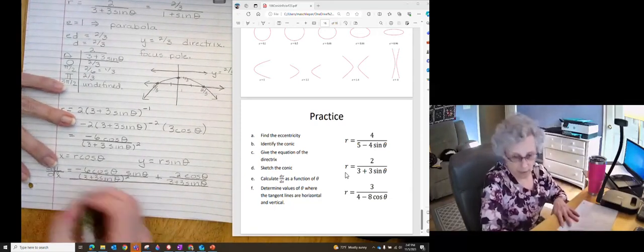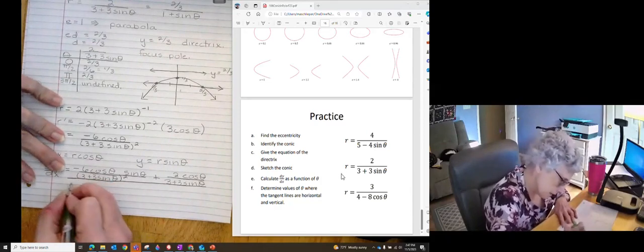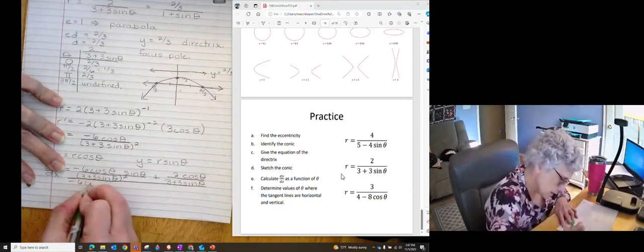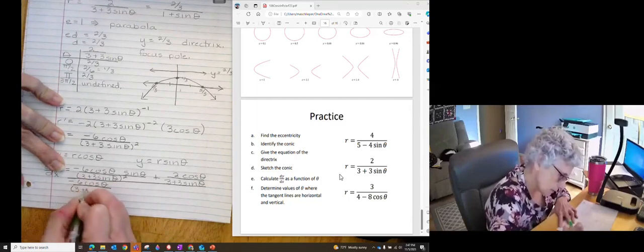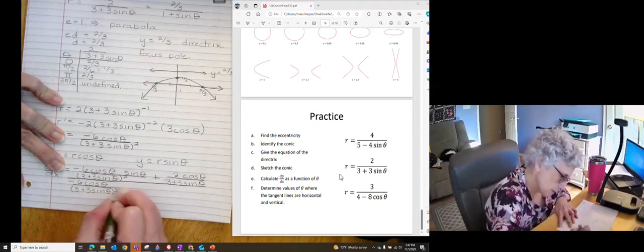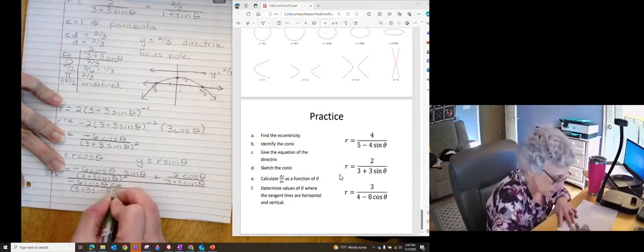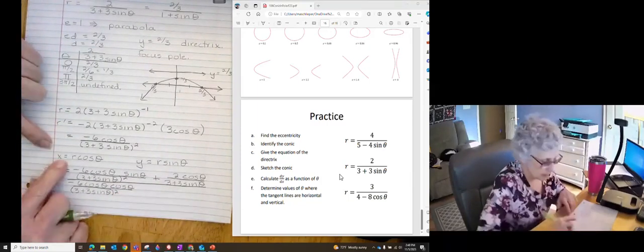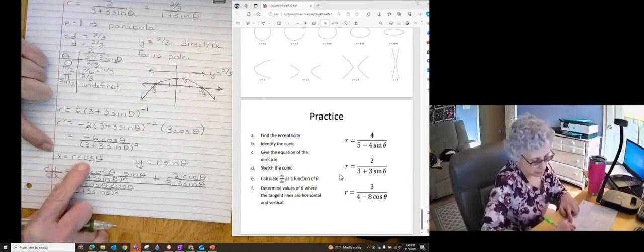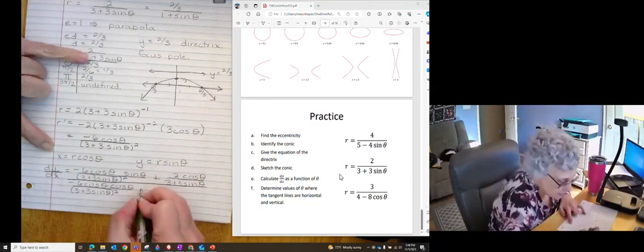Now we have the denominator. The denominator would be minus 6 cosine theta over (3 plus 3 sine theta) squared times cosine of theta, because we're looking at the derivative of r times cosine.